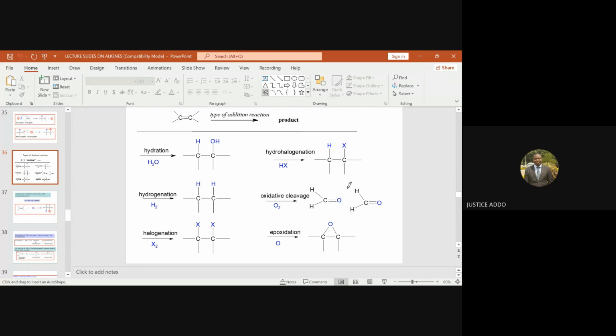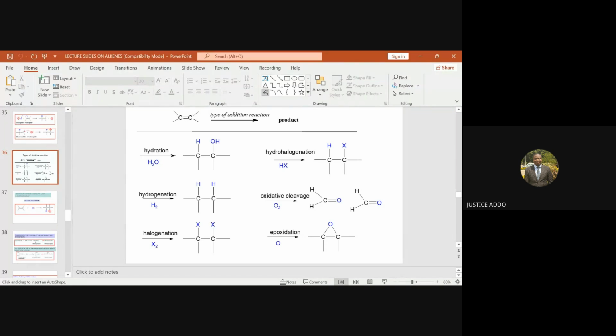Then halogenation, you can add a halogen to an alkene and you form a dihalo compound. A very common illustration of the halogenation is the addition of bromine in carbon tet or bromine water to an alkene, which you observably will see the decolorization or the fading of the brown color of bromine to colorless. That tells you that there's a double bond which is reacting with your bromine in carbon tet or bromine water.